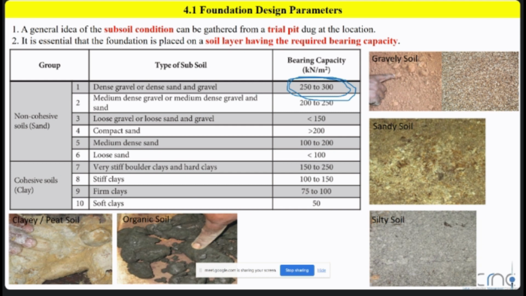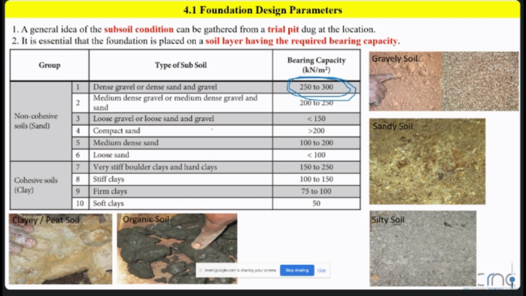But if your soil profile is cohesive, that means there will be a lot of clay soil, your bearing capacity can be reduced to even 50. Okay, so I have shown you some images of this gravel and sandy soil.